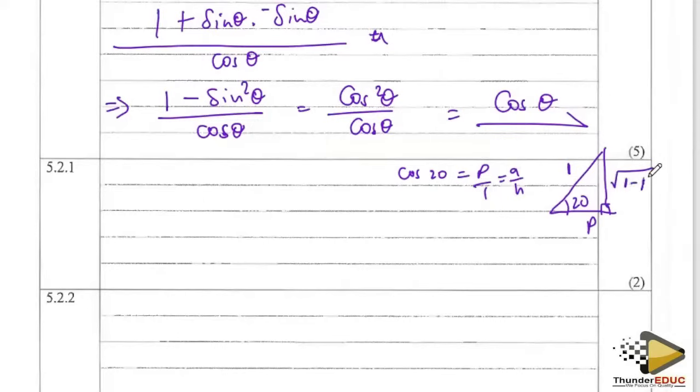If x squared plus y squared must be equal to r squared, our r is a 1, our x is a p, and our y is what we're looking for. Move this to that side, you get 1 minus p squared, and then you find the square root on either side. There we go. So this is done.